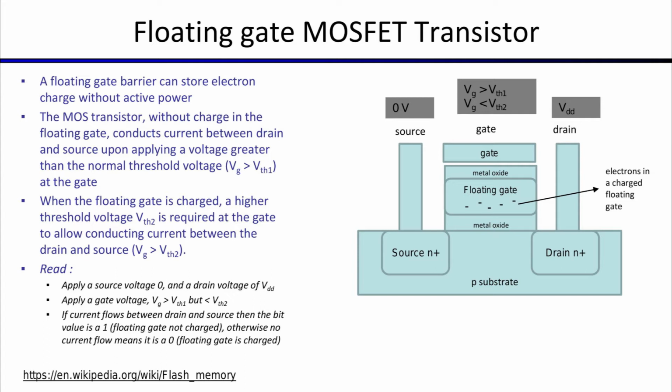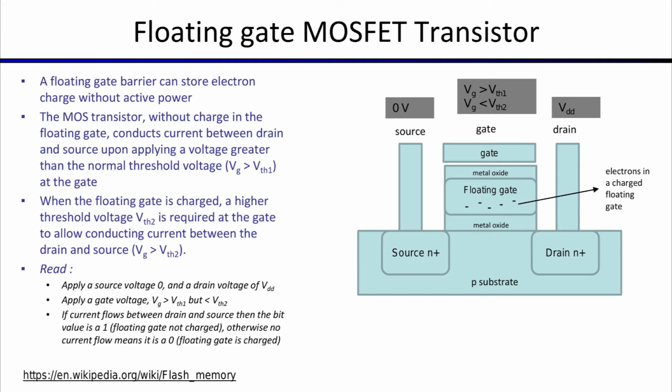But now if the floating gate is charged with electrons, it is not enough to supply a voltage at the gate that is just above this threshold voltage. It in effect increases the amount of threshold voltage you have to apply to cause that same charge to flow.